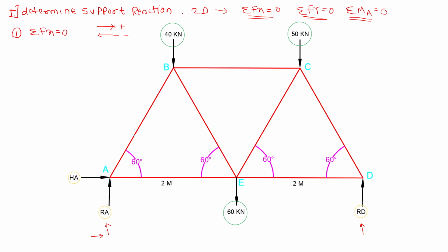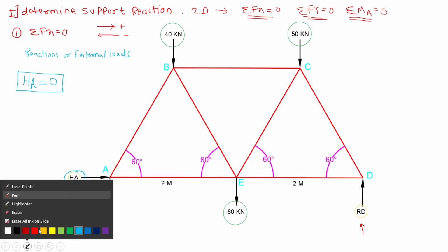In our problem, you have to see the reactions or external loads only. Here there is one reaction HA, which is towards the right, so positive HA. There is no external load which is horizontal, so equal to 0. So I got my first reaction: HA is equal to 0.